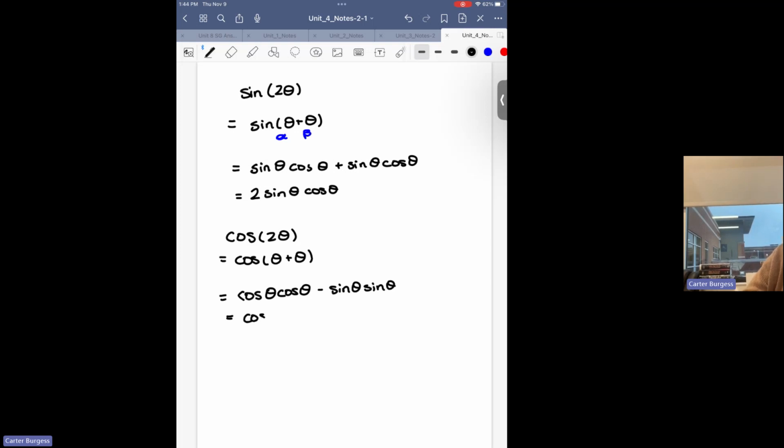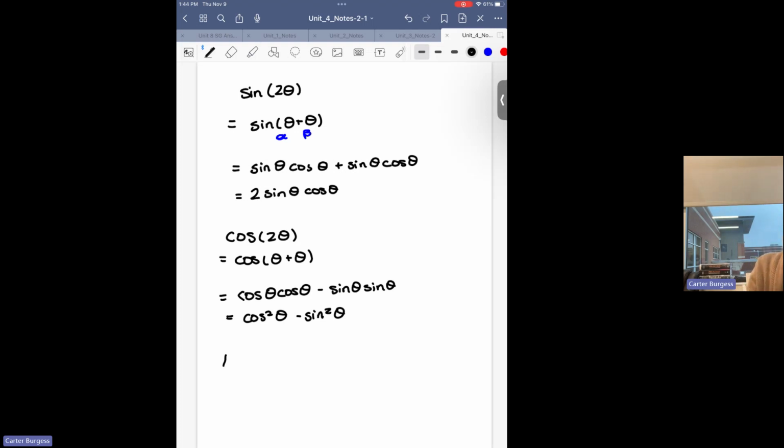We get here cosine squared of theta minus sine squared of theta. And just our sum formula.